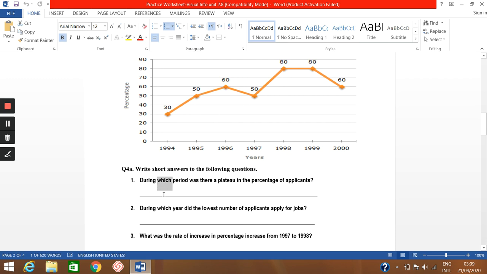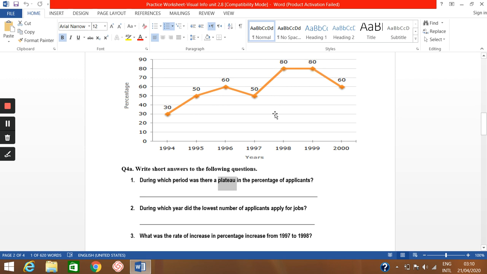So we have different periods, and when you say which, that means we have to choose one of these. Now, what's the clue given here? The clue is this word here. During which period was there a plateau in the percentage of applicants? And of course, when we say plateau, we mean that the figures given or the events being described stayed at the same level, or remained steady.